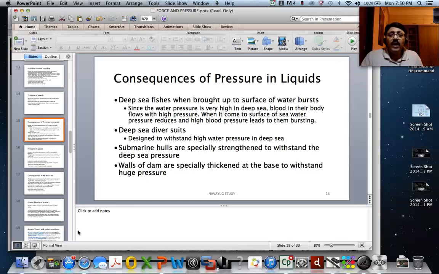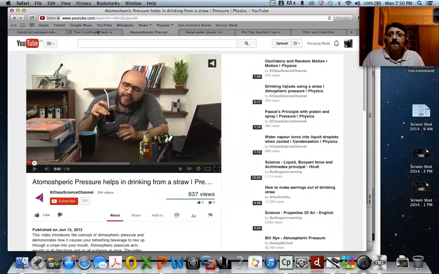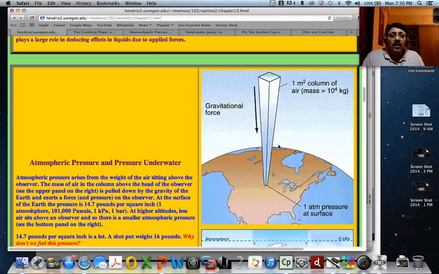So I want to explain what I meant here. Look at this. This diagram is showing a column of air, right? A column of air above the surface. Gas is just like liquid.